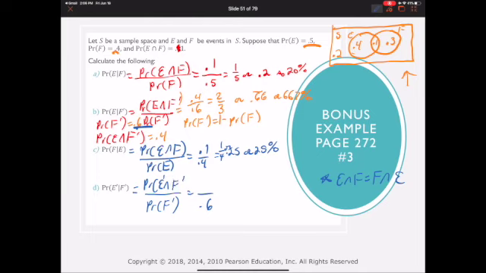Remember, E complement is everything not in E, and F complement is everything not in F. So it's going to be everything that's left over, which has a probability of 0.2. That gives me 2/6, which is 1/3, or 0.3 repeating, or 33.3%. So these are the conditional probabilities given this defined sample space.